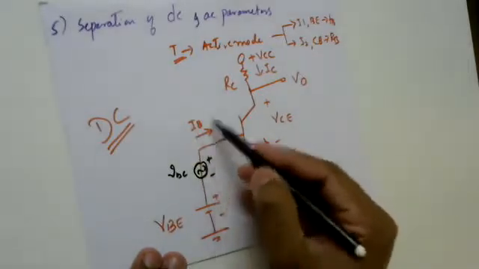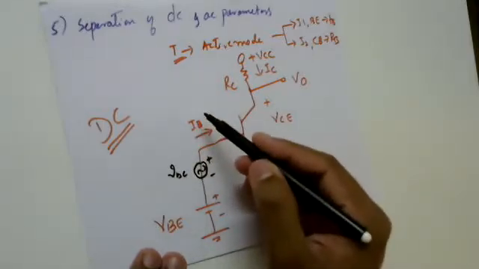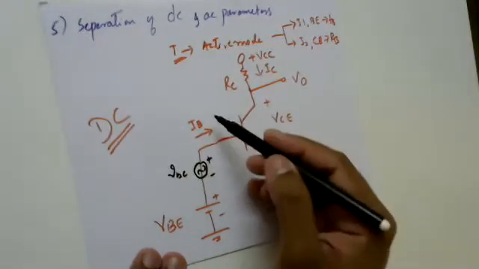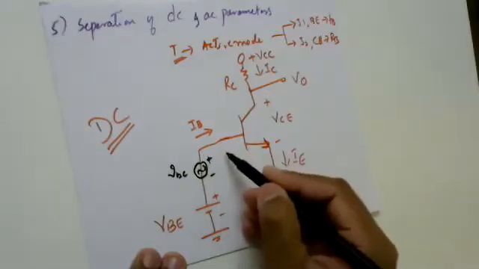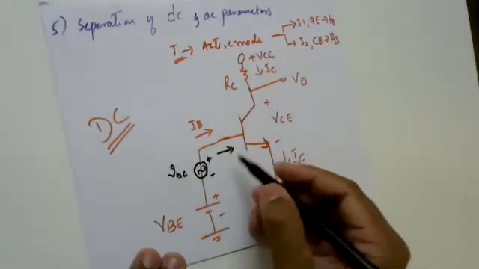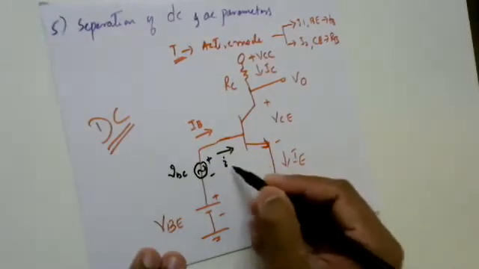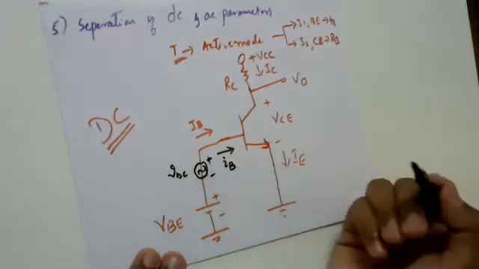Then this is no more a DC quantity. Because of this source, I'll be having the base current, which I'll be representing as a capital IB.